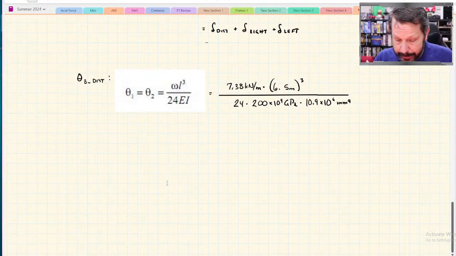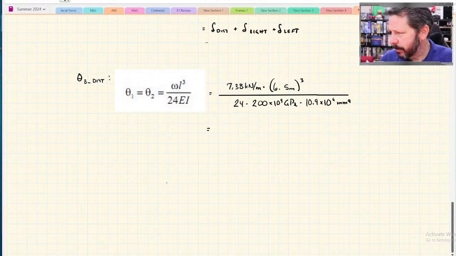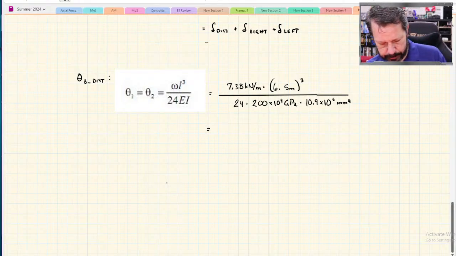All right, let's see what the number is, though. And remember, this will be radians. All right, so 10.9. Got to convert that over. Multiply by 200 gigapascals times 24. Our denominator is 52 something.